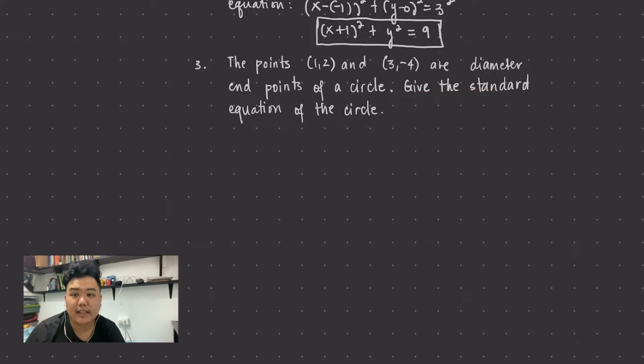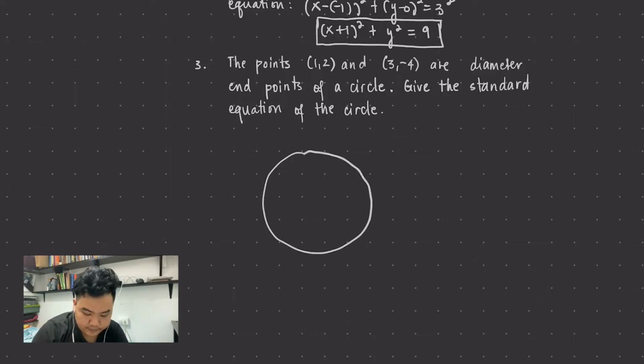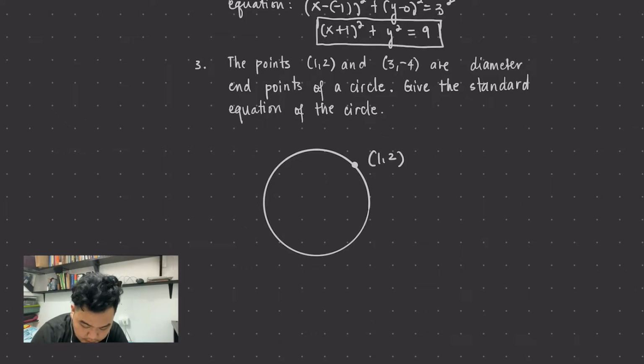To get the standard equation, we only need two things: the center and the radius. So let me draw our circle. (1, 2) is somewhere here, and the diameter must pass through the center of the circle. And the other endpoint must be (3, negative 4).